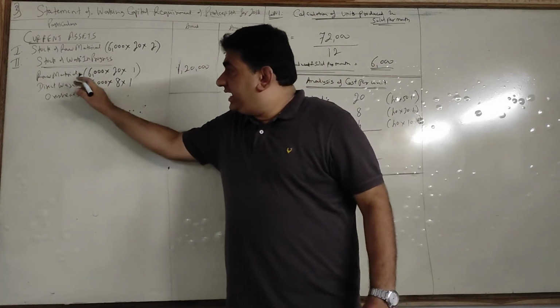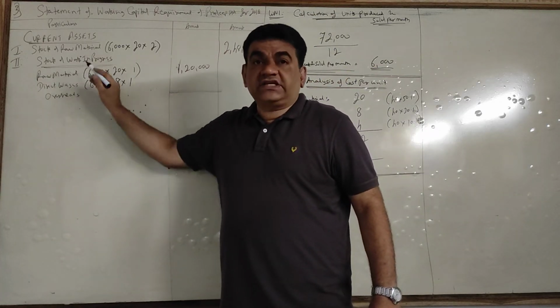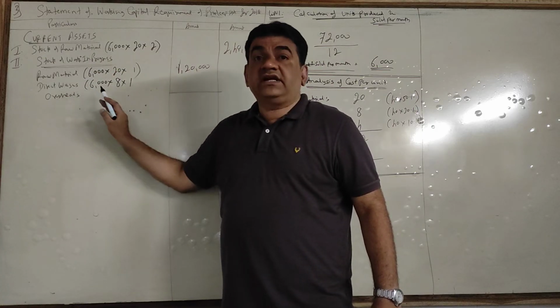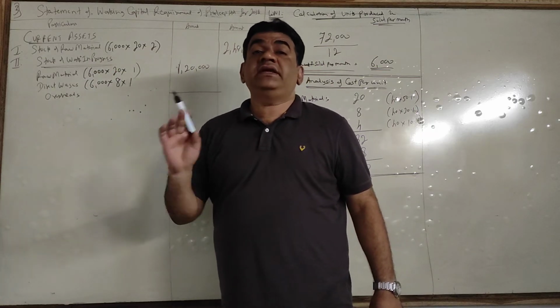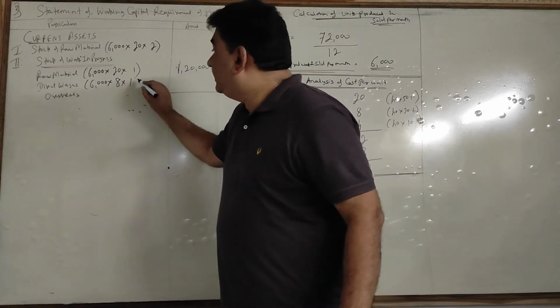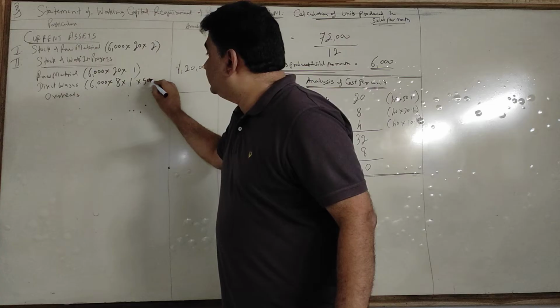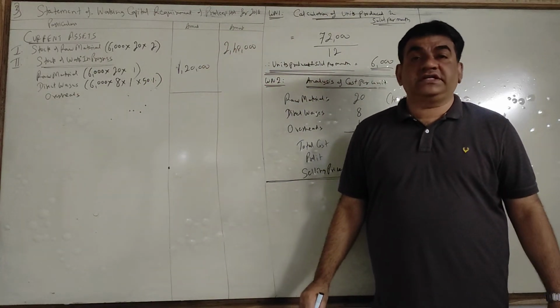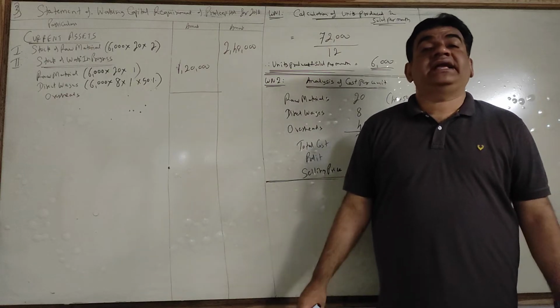So, when I take wages and overheads ka WIP, it will be in proportion of work completed. Work completed is 50%. So, wages I will further multiply by 50%, or you can take half.